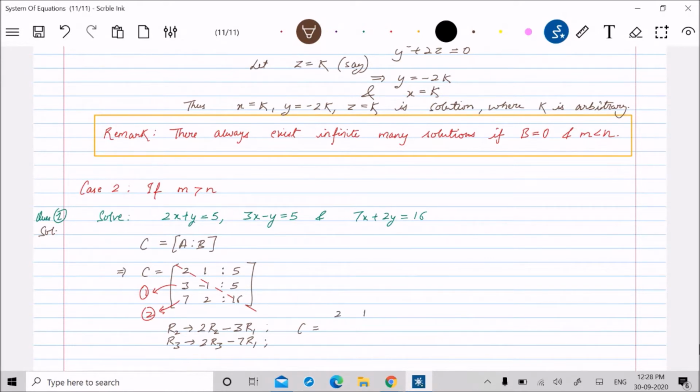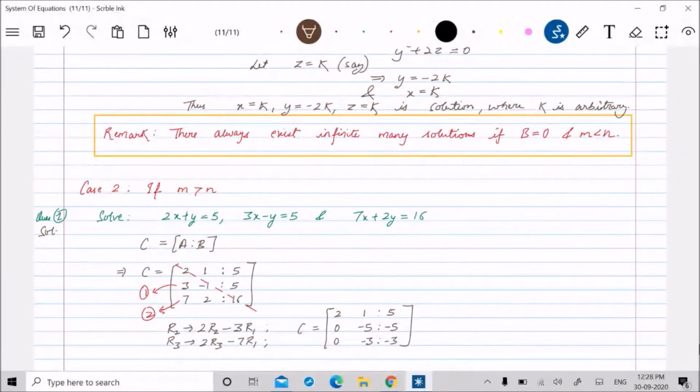So 2, 1 partition 5, and 6 minus 6 is 0, and this will be minus 2 minus 3, that will be minus 5, and this will be 10 minus 15, that will be again minus 5. This will be 0, and 2 4 minus 7, that will be minus 3, and 32 minus 35, that will be again minus 3.